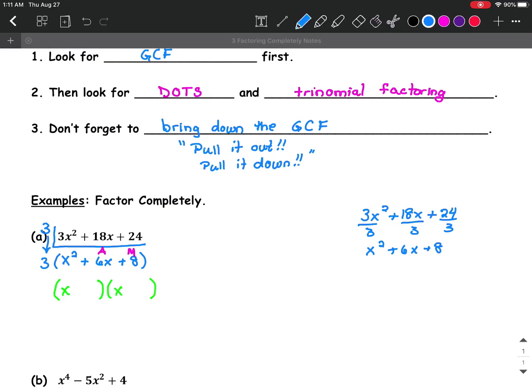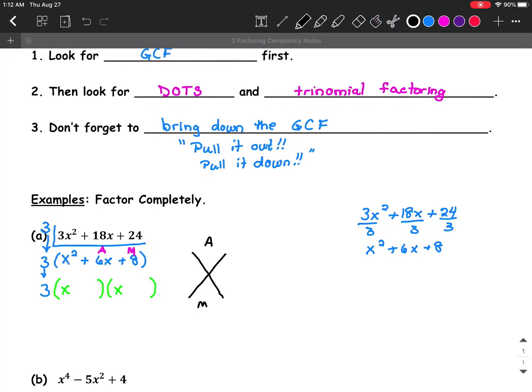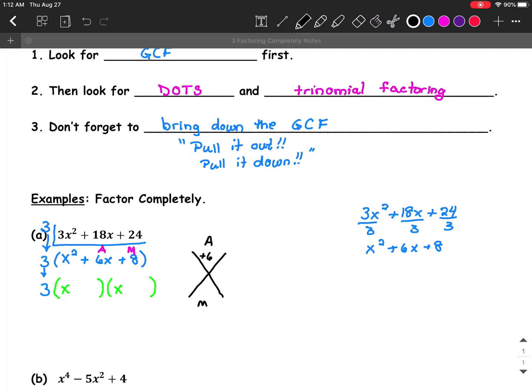But you know what else? I have to bring down my greatest common factor. So remember, and I'm going to do this little trick here. We are adding, I am factoring. We're going to add to this positive 6, and we're going to multiply to this positive 8.